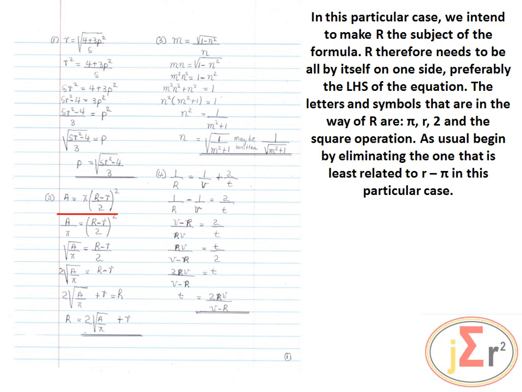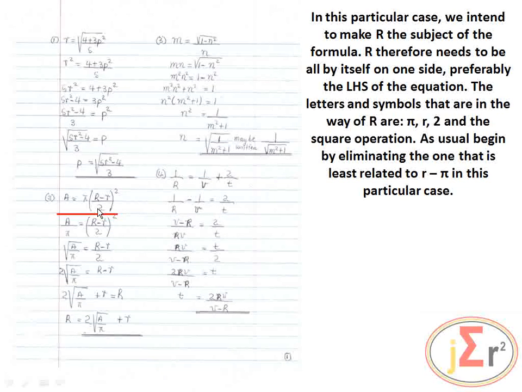The letters and symbols that are in the way of R are pi, r, 2, and the square root, and the square operation. So in making this uppercase R the subject, we need to eliminate the lowercase r.